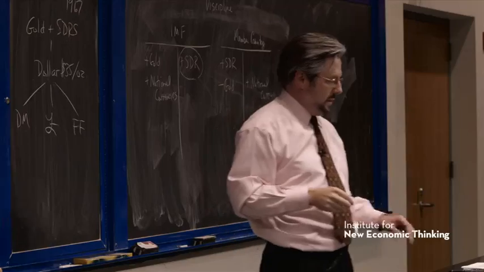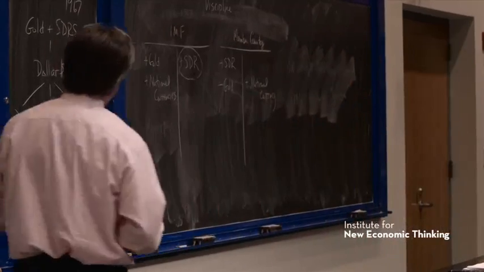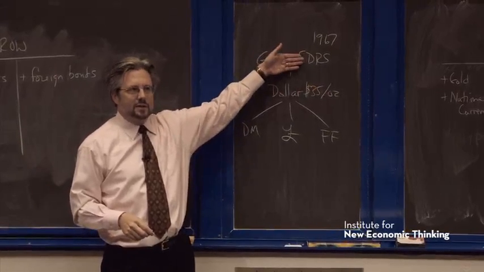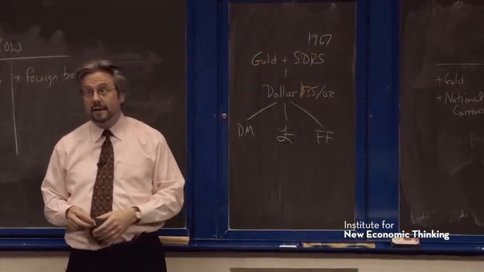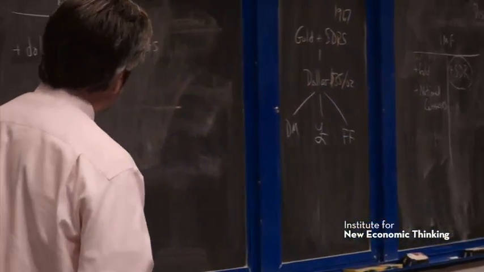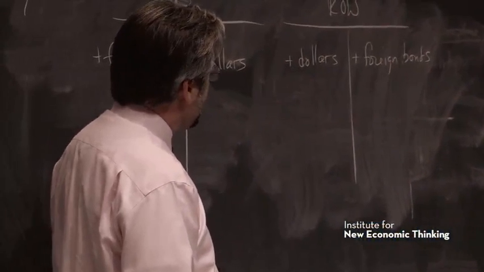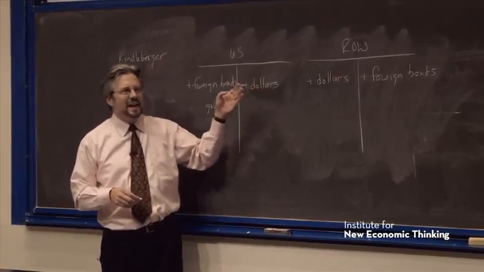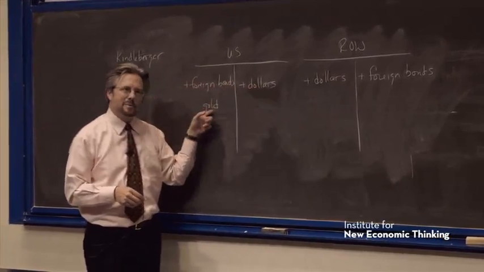And by 1971, the problem of there being too many dollars and not enough gold winds up causing the U.S. to go off gold. And that's the end of that system. That's the end of Bretton Woods. It would have been fine, Kindleberger emphasized this his whole life, if only foreigners had not insisted on being paid in gold.